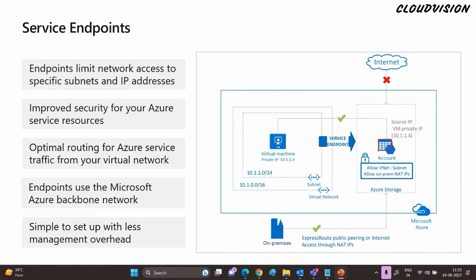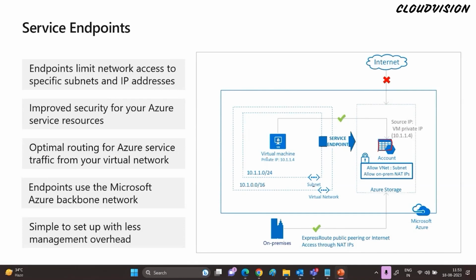So what they have enabled is the optimal routing for this storage account to the service endpoint. That means the storage account can only be accessible from one network, one subnet. Have a look at the statement: optimal routing for Azure services from your network.